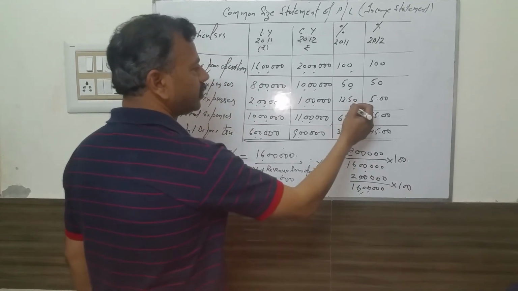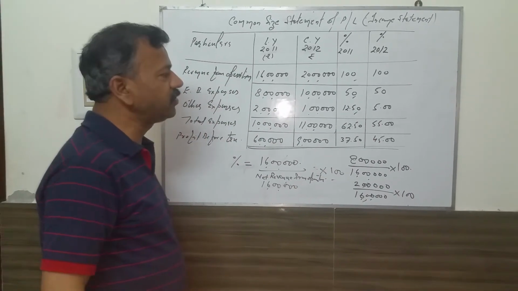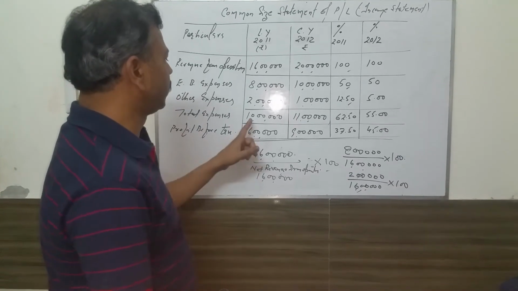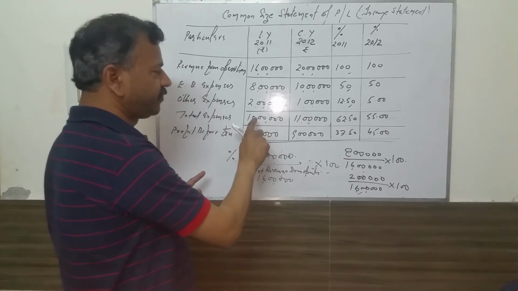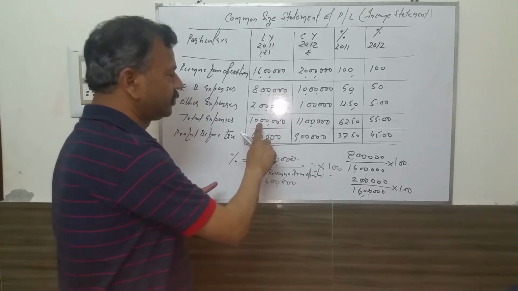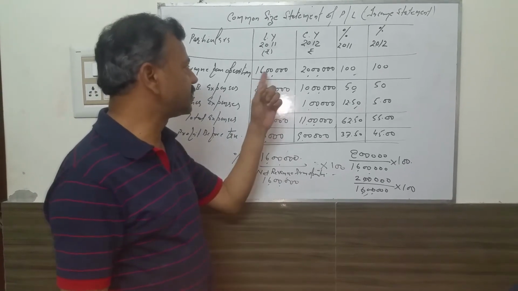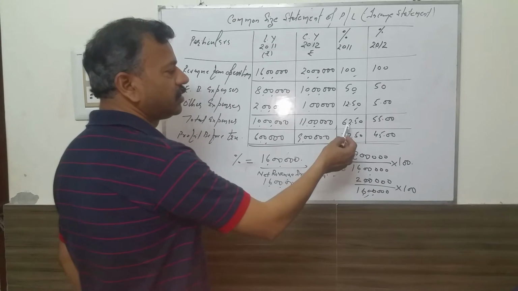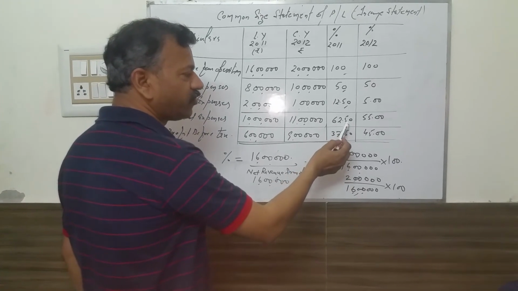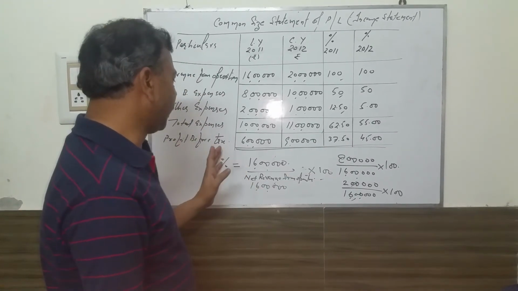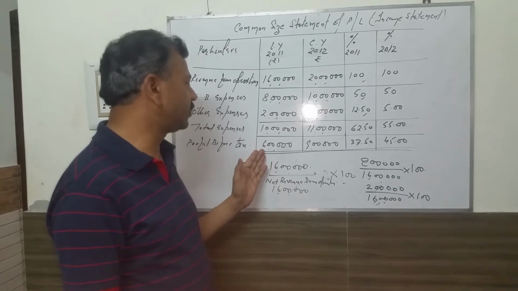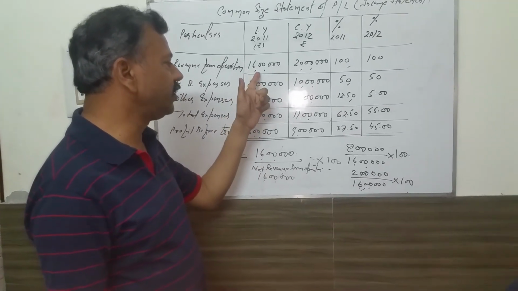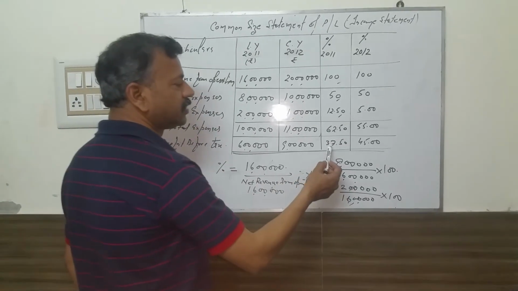You will get 12.50. You want to calculate the percentage for 10 lakh? 10 lakh divided by, again, 16 lakh, you will get 62.50. Last, you have 6 lakh. So 6 lakh divided by 16, you will get 37.50.